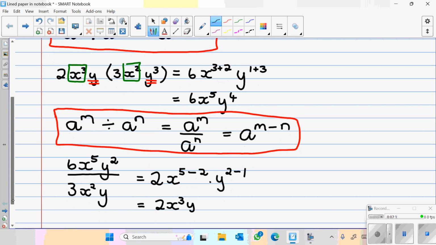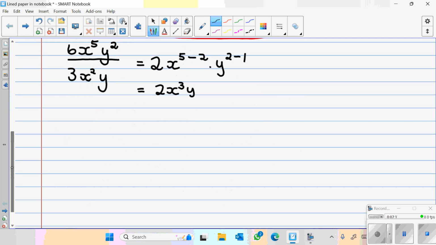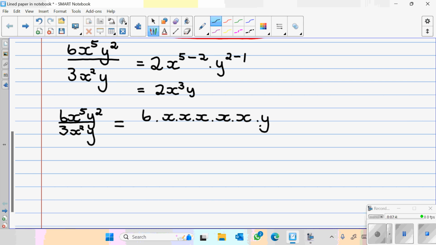Now, if we do it differently, the extended method, we do the same sum, right? We say 6x to the power of 5 y squared divided by 3x squared y. You will get 6 times x, x, x, x, x times y times y. Can you see this is very bothersome to write it out?